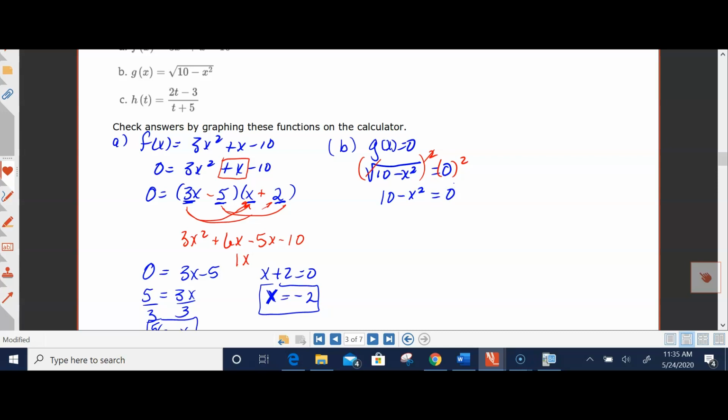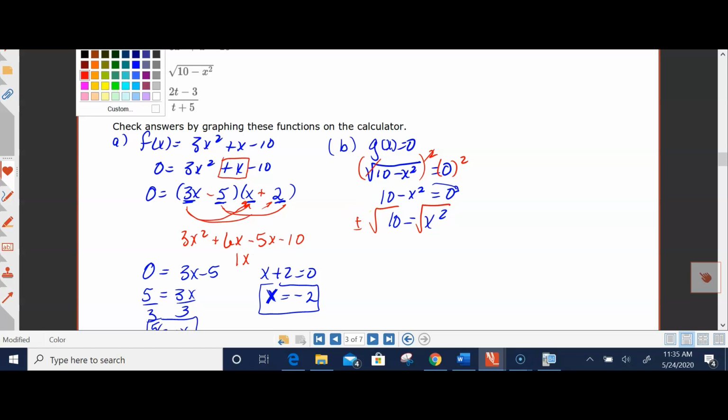Now this one turns into another quadratic. So to solve this quadratic, it doesn't have a middle term, so I can use what we call the square root method. I'll take the x squared to the other side to get 10 equals x squared. And the square root method says when you have something squared equal to a constant, you can square root both sides, but when you do, you must put in the plus or minus.